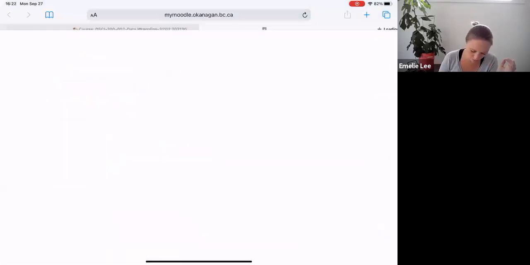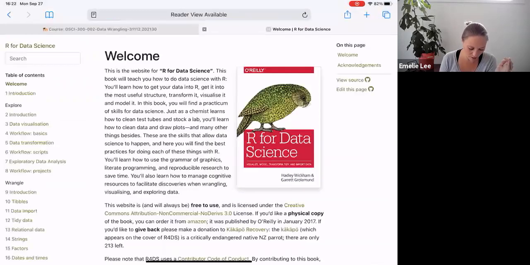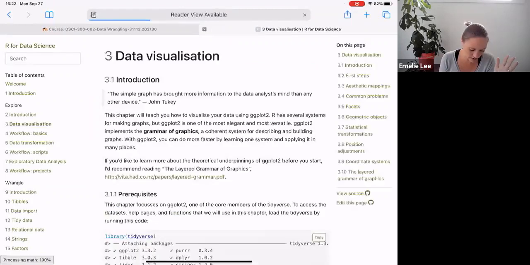And so the R for Data Science textbook, and then on the left-hand side, you can see explore. And so on Wednesday, I guess, I want to work through this data visualization section with you guys. Okay. Not all of it because it's really long, some key aspects, right? But you can play around with it beforehand.